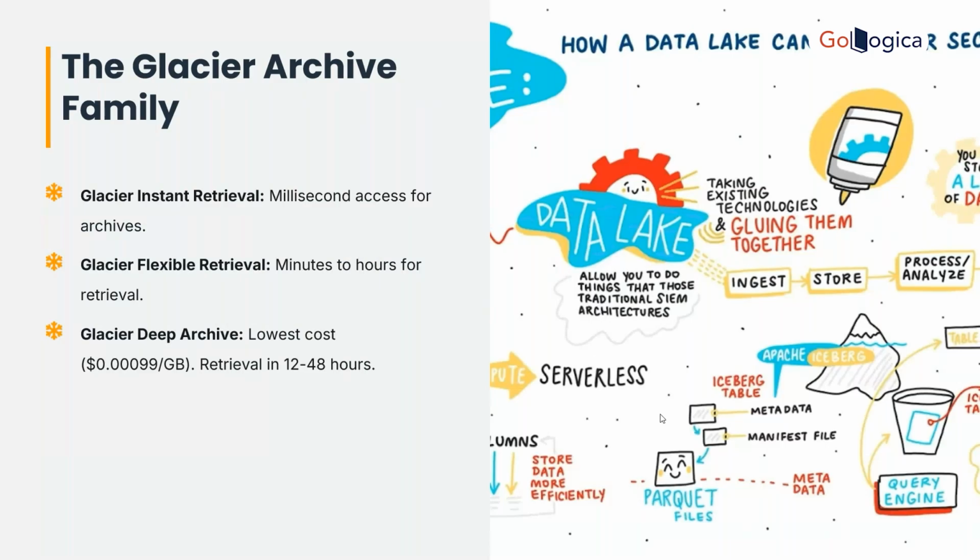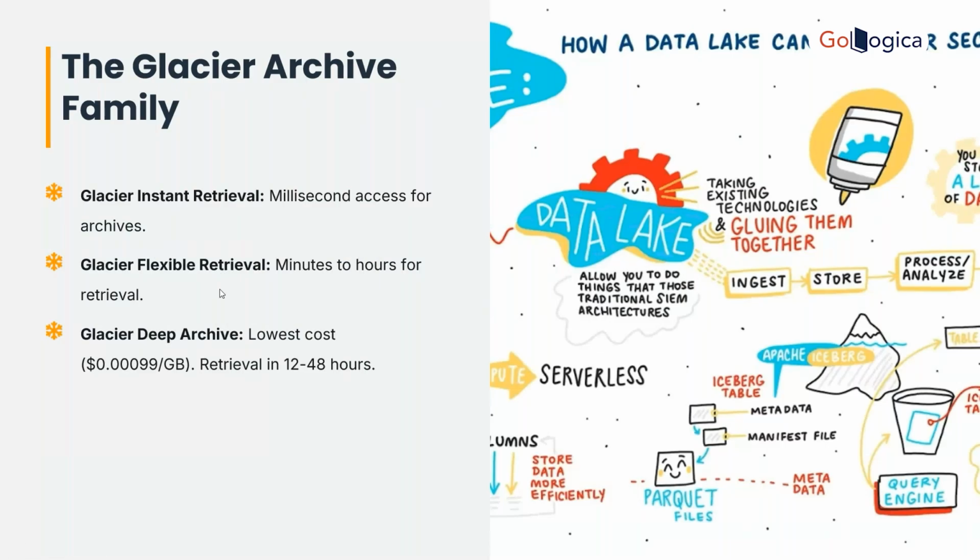For Standard, it will take around 3 to 5 hours to retrieve your data, and for Bulk, it will take 5 to 12 hours. So that is Glacier Flexible Retrieval. When you go for Expedited, it will cost more than Standard and Bulk.